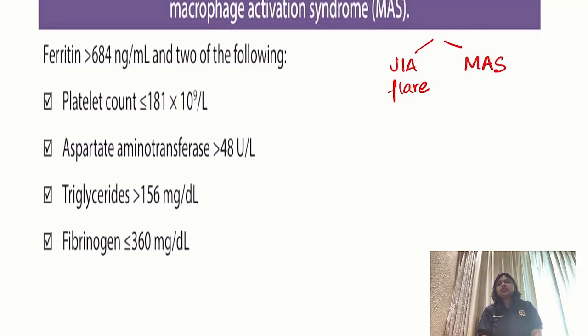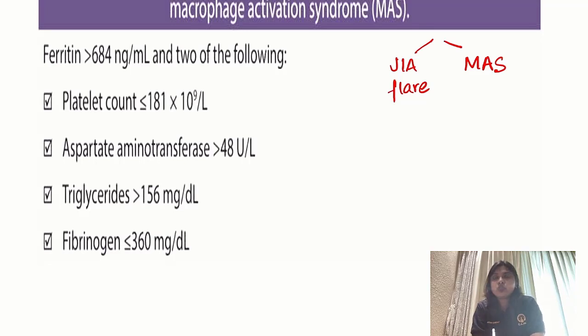So what happens if it is a JIA flare? All the counts will be high. The CRP will be high, the ESR will be high, the total leukocyte count will be high. Whereas in macrophage activation syndrome, we are going to get cytopenias. Apart from cytopenias, we are also going to get hyperferritinemia.